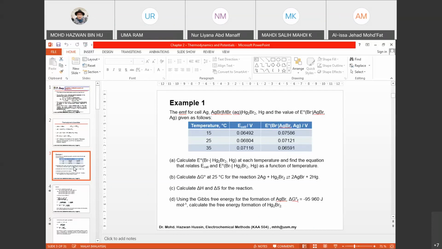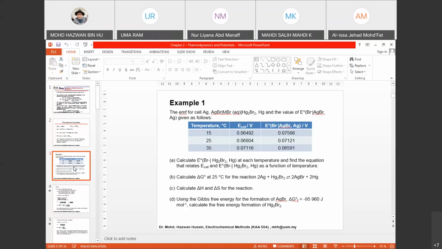So over here, you will see that the value of E cell, which is the standard potential, is equal to the E naught of silver bromide potential.